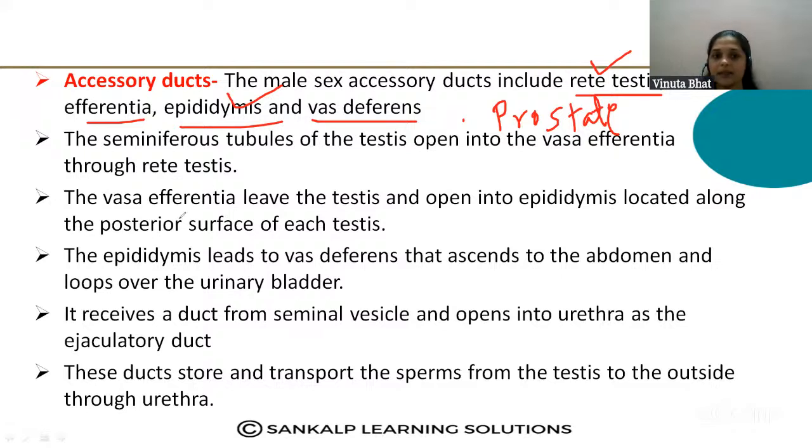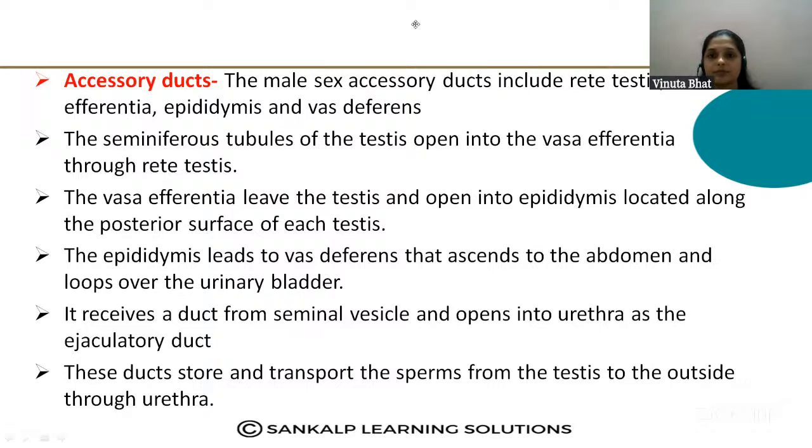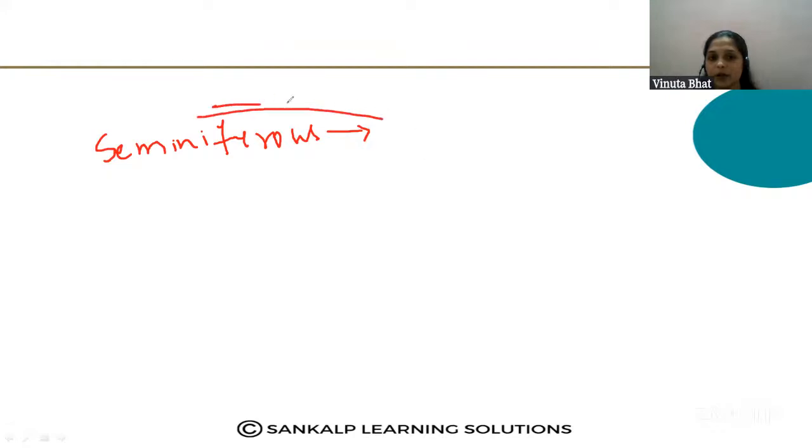These are the male sex accessory ducts. Then, let us see how sperms are transferred in the male reproductive system. First, in the seminiferous tubules there is production of the sperms. After that, the seminiferous tubules open into a common structure.